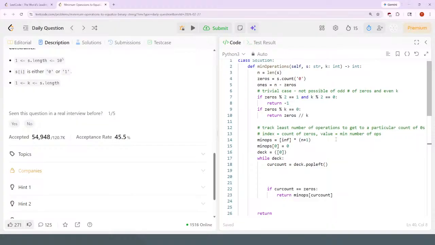If there's 0 zeros, then the only operation you can go to is K zeros.